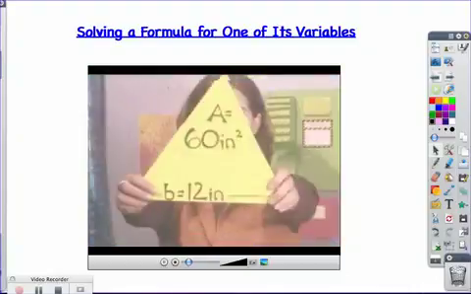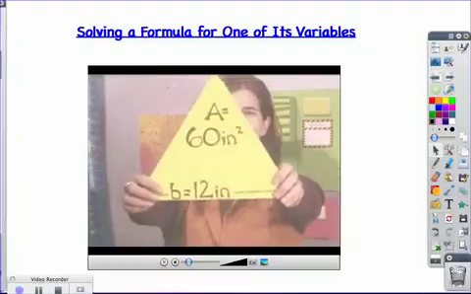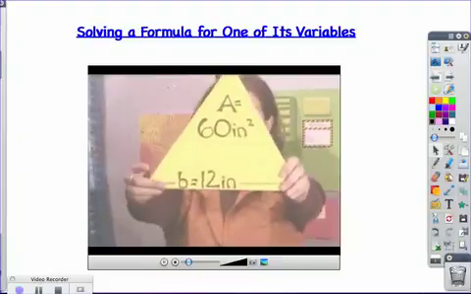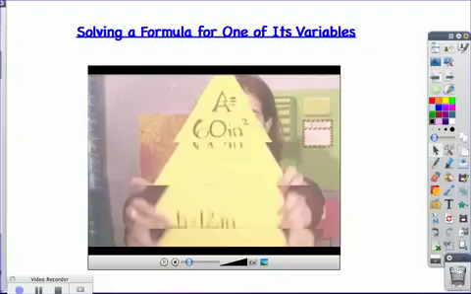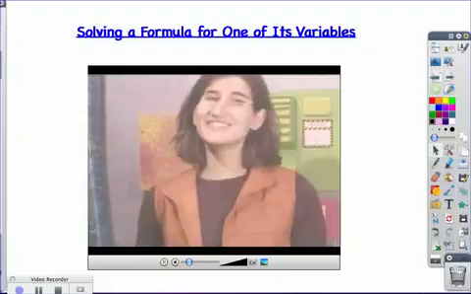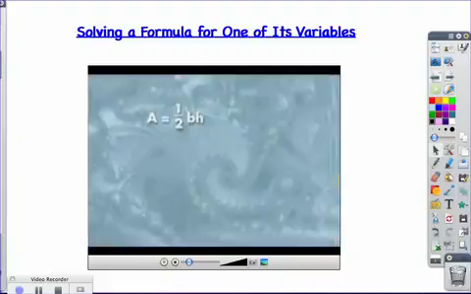Pay close attention to the following steps. You'll see them again later. To solve for the height, I have to get h alone on one side of the equation. To do this, I'll need to get rid of the other factors that appear with the h on the right side of the equation, the 1/2 and the 12.